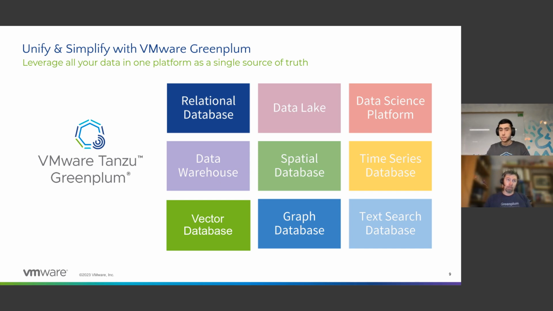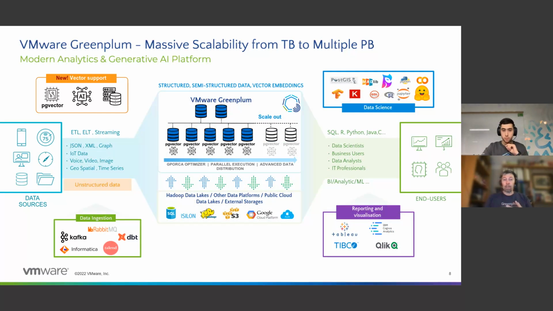We did briefly mention the federation layer in the previous slide, so you don't necessarily need to store all your data in Greenplum either. Storing data in Greenplum gives you access to that parallel performance, right? But we also have this federation layer, as you can see in the middle of the picture, where we can reach out to other systems, whether they're storage solutions like S3 or Google Cloud Storage, or relational databases.